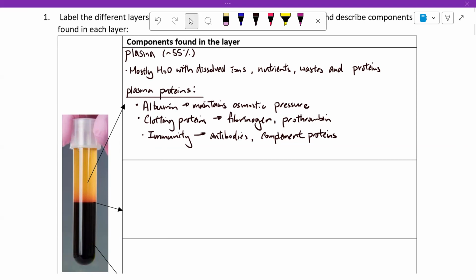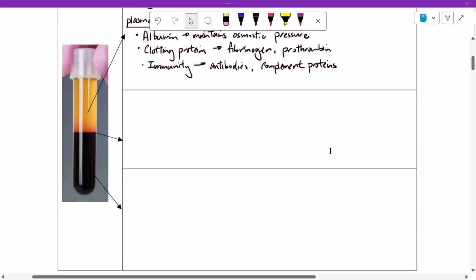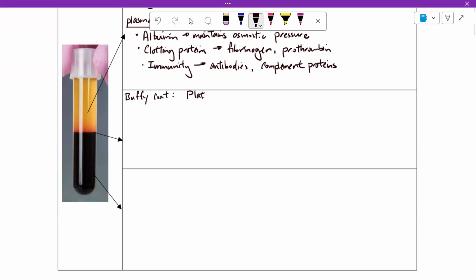All right, so that's the plasma protein, which of course is in the plasma. Now, this middle layer is called the buffy coat. The buffy coat is very, very thin, and it consists of platelets and white blood cells, leukocytes.